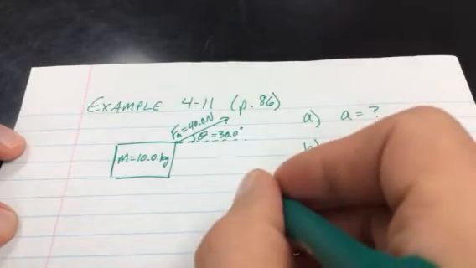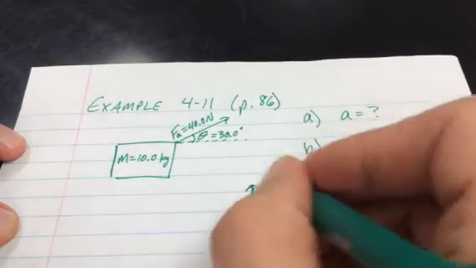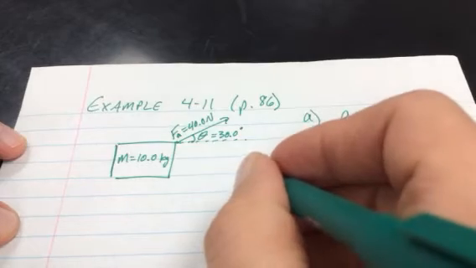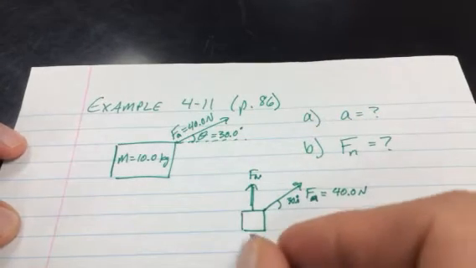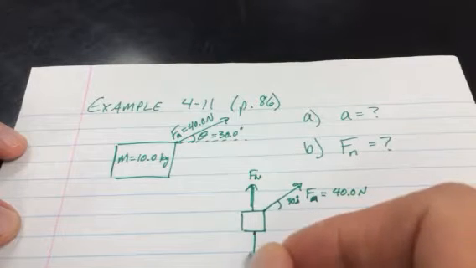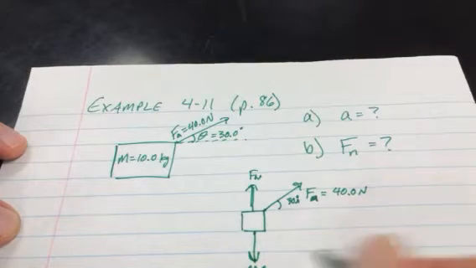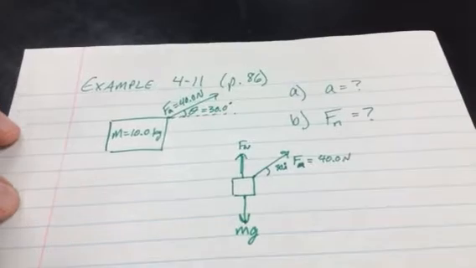In addition to that, the surface that the box is sitting on, be it a desk or whatever, is exerting a normal force upward, and at the same time, gravity is exerting a downward force on it.